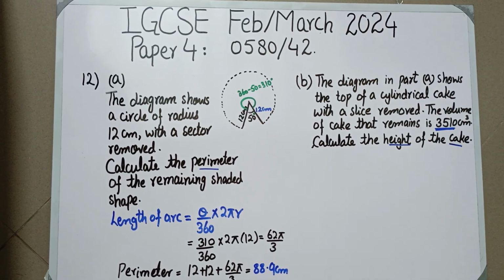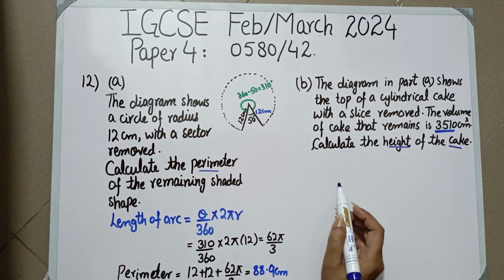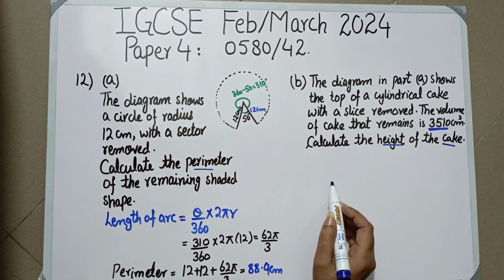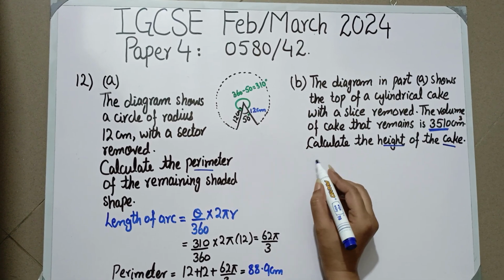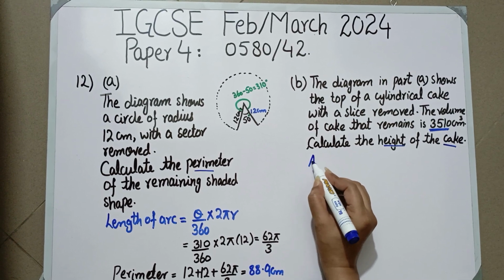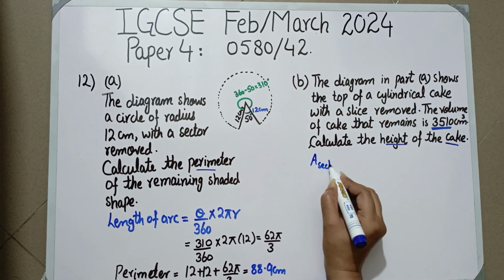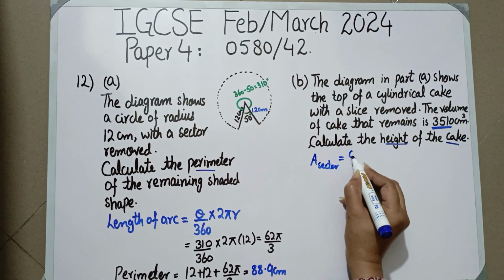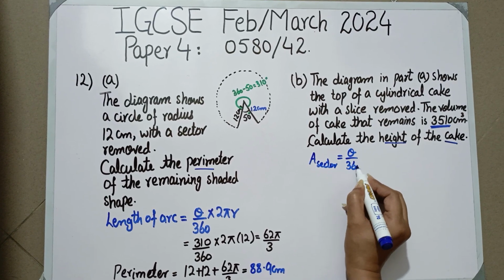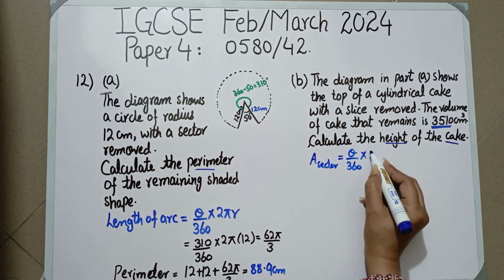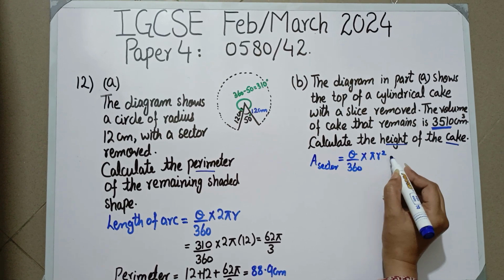Here you also have to apply the formula. First of all, you have to find out the area of a sector. This is the sector. So you have the formula over here as area of sector, that is theta by 360 degree multiply pi r square, that is area of a circle.